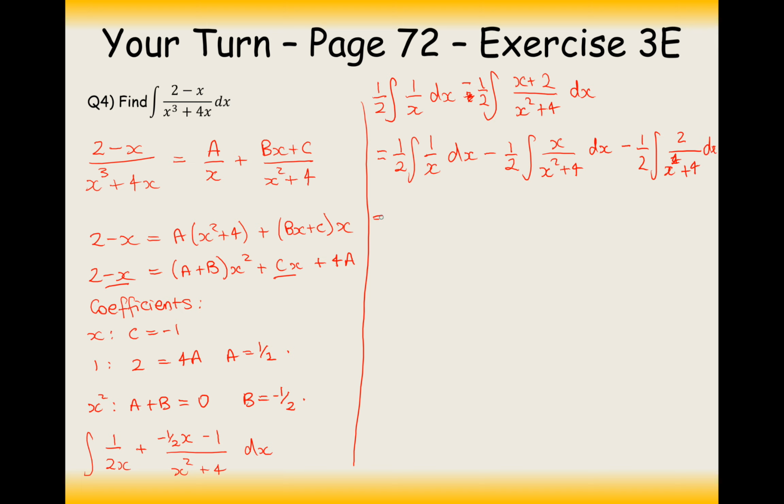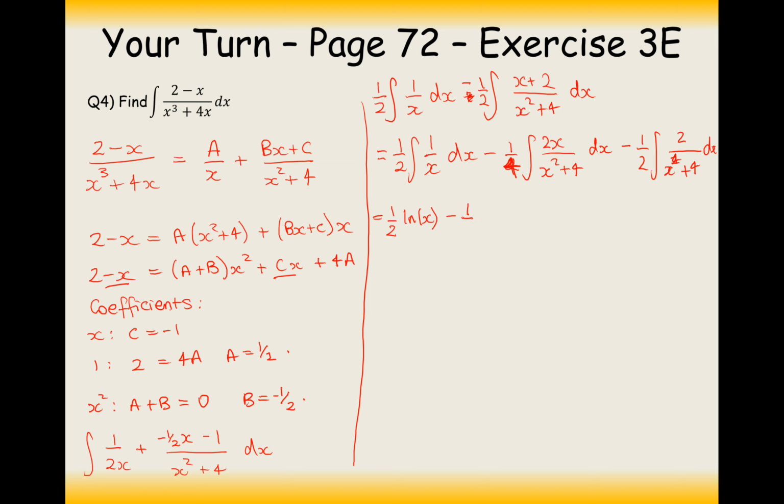Right, so now is time to do the integration. The integral of 1 over x is ln x, minus the integral of this middle thing here. Well, it's going to be a ln type integral, because if I differentiate the bottom I get 2x, but I can't just create a 2 out of nowhere. I'll divide by the 2 at the front, and I already had a half, so I've now got a quarter.